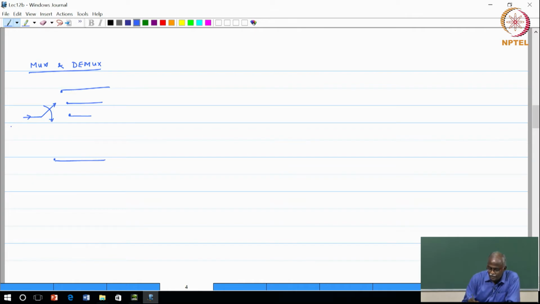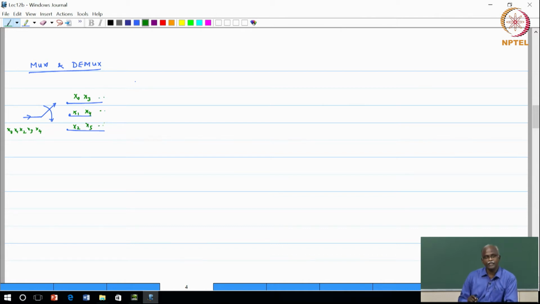If I had a stream coming in, labeled x0, x1, x2, x3, x4 and so on, and let me take the case where there were only three channels, a 1:3 demultiplexer, then x0 gets fed on one branch, x1 gets fed on the other branch, x2 on the third, then you go back to the first line with x3, x4, x5 and so on.